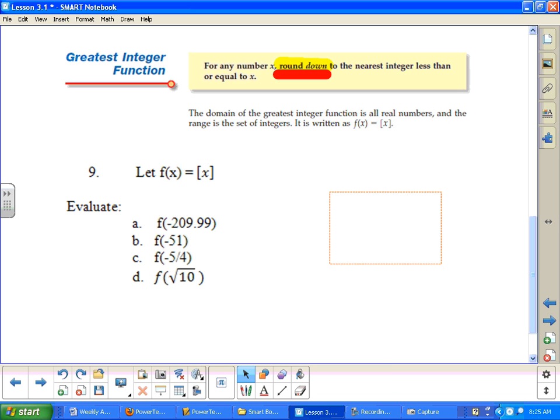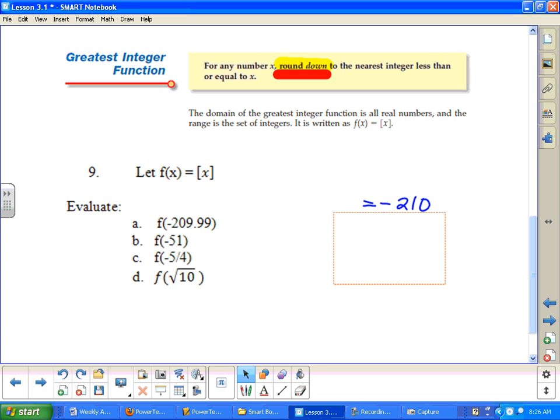Okay. So, letter A, negative 209.99. What's the greatest integer less, or what would I round down to with that? Negative 210. Okay, because we're rounding down, so it's the next one less than that. So that would be negative 210. Okay. Not 200, not negative 209. Okay.